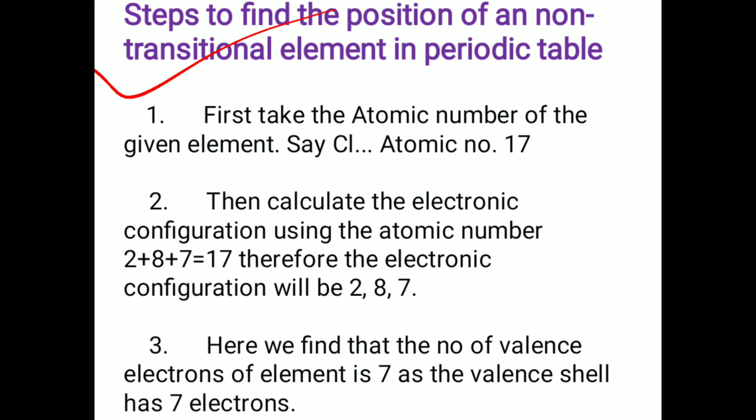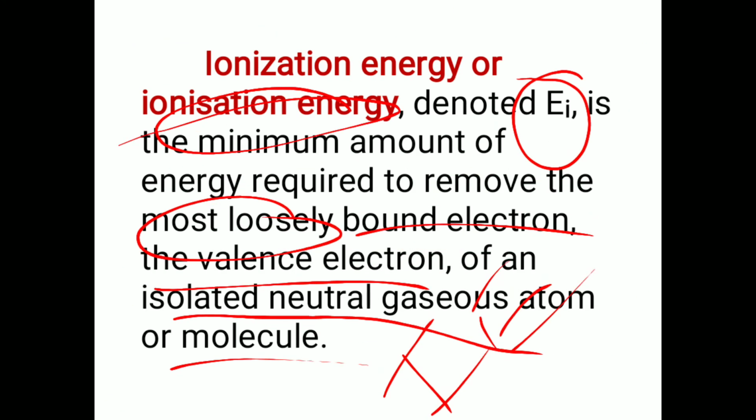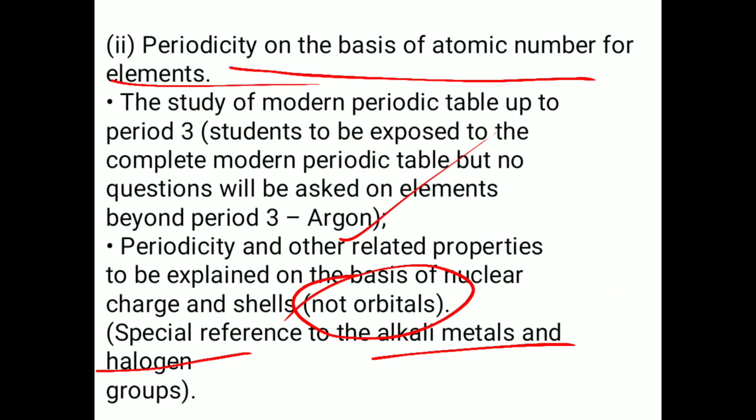It is a trick by which you can determine things. This topic is from the syllabus. As per the syllabus, this is the determination of the position of an element in the periodic table. It is very important up to atomic number 18, or you can do it up to atomic number 20.